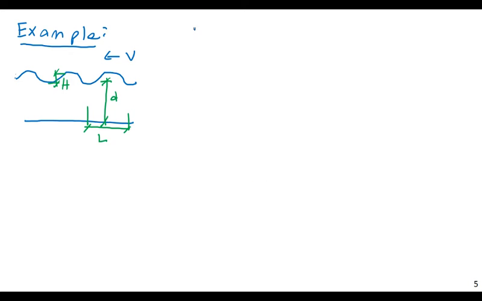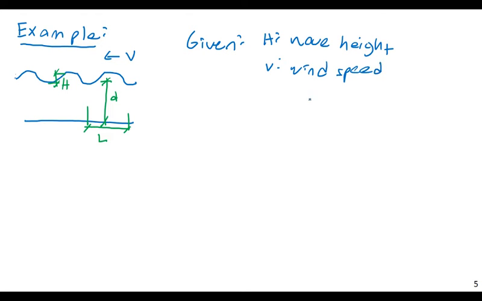And given the following variables, h is wave height, v is wind speed, what would be driving the waves. So I'm creating some sort of experiment to model the behavior of wind and waves and the interactions therein.